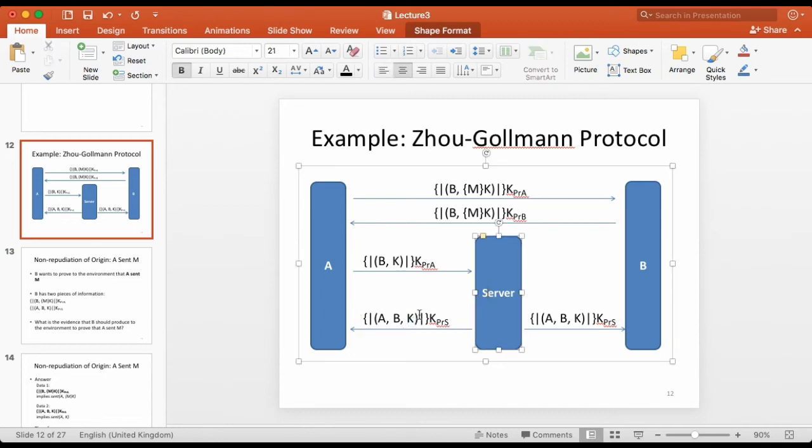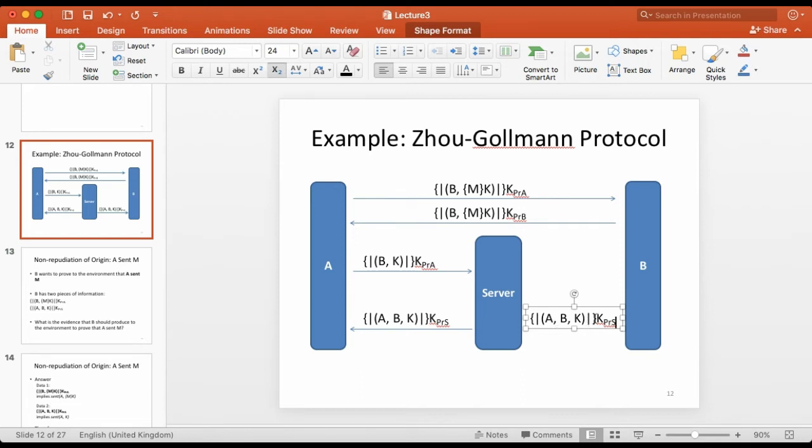Okay, so the server can download the key K to A through a message which is signed by the server. So you know that the key is coming from the server, and similarly, it can do the same thing towards B.